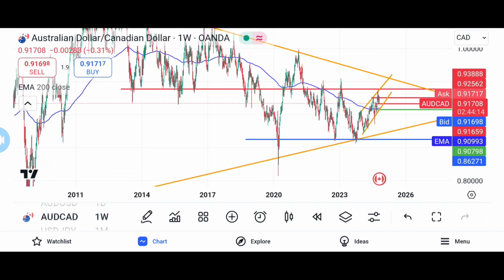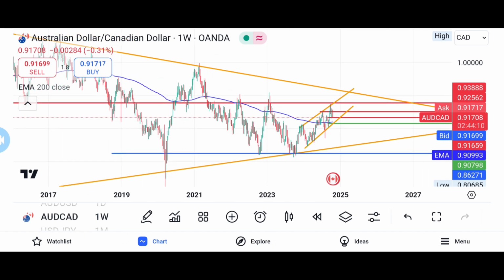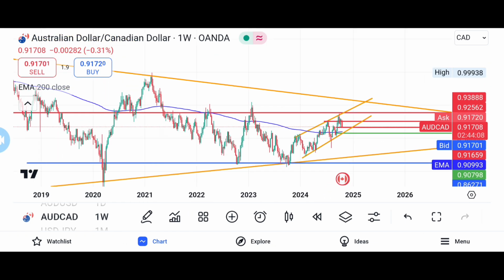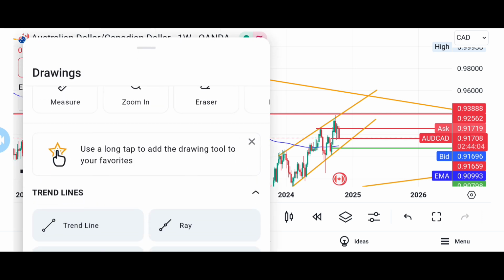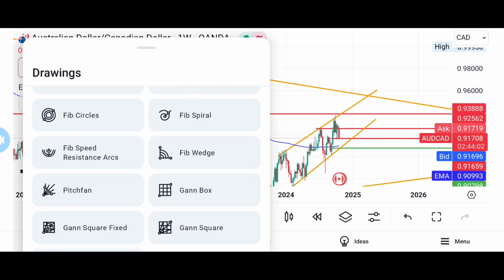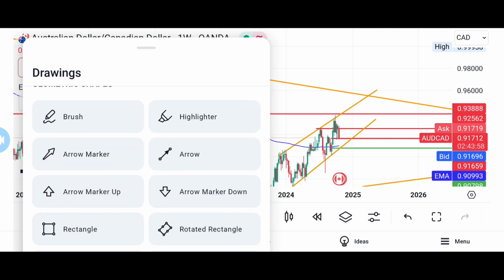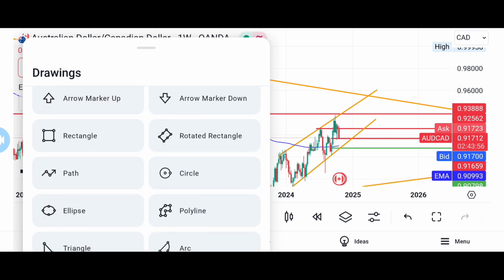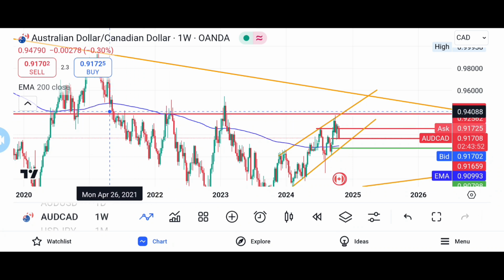So you may ask, what does the red line mean? I use the red line to represent resistance, okay? And what is resistance?